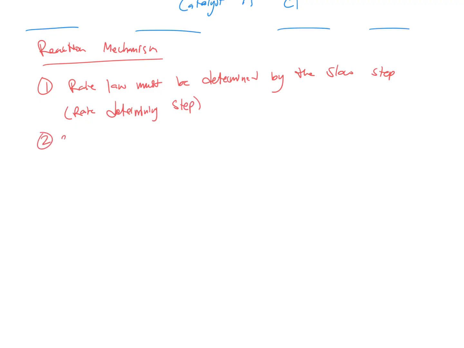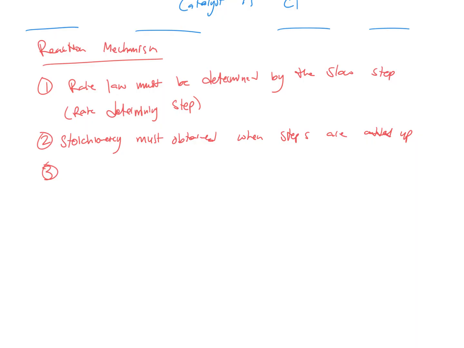Rule number two is stoichiometry must be obtained when steps are added up. This is essentially Hess's law, right? You need to make sure the stoichiometry is right.